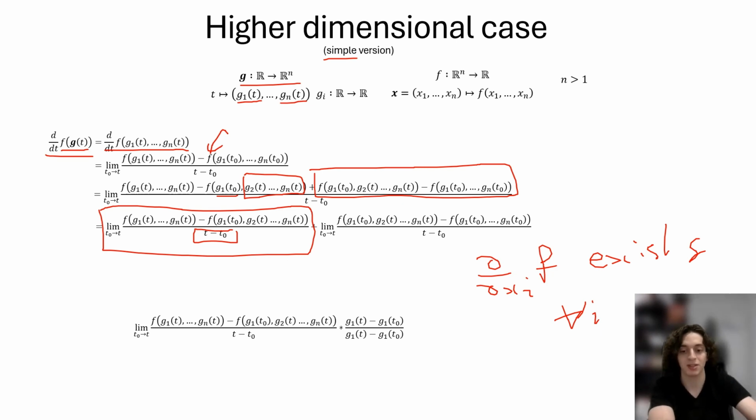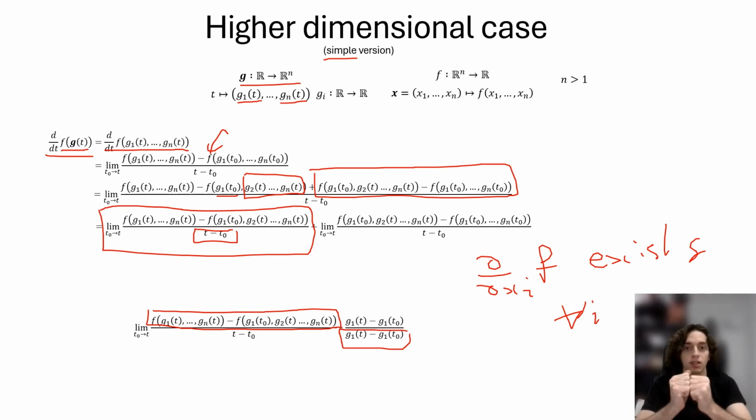The reason I'm doing this is because now if we look at the denominator here and the numerator here, we're varying the first component in the numerator, g1 of t, g1 of t0. These differ, and they're getting arbitrarily close because, since the derivative of g1 exists, it's continuous, hence as t0 approaches t, g1 of t0 approaches g1 of t. And we're taking the difference of the first components, and everything else is being held constant.